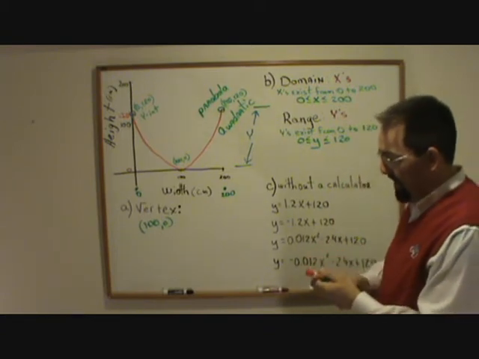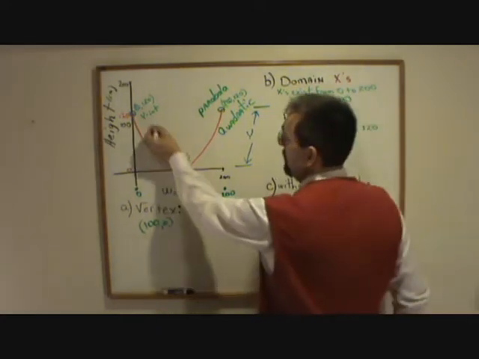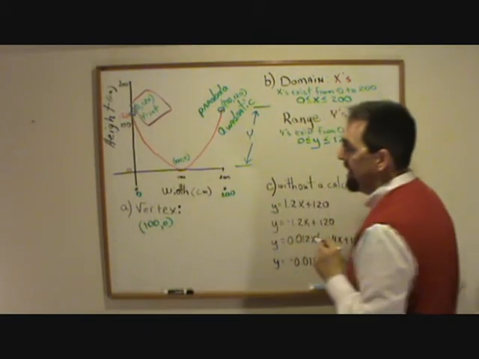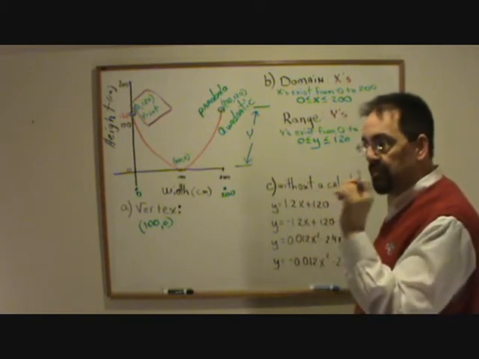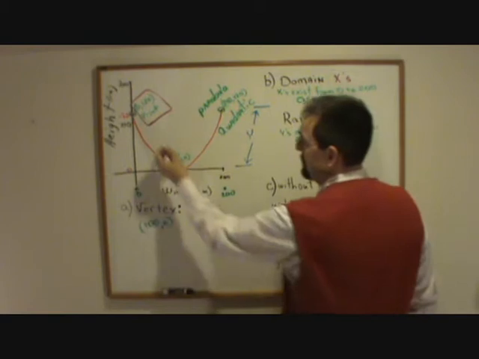One of the most important things in graphing is the y-intercept. I'm going to actually circle that. Whenever we have an equation, the y-intercept is when we put in a 0 for x. So x equals 0.